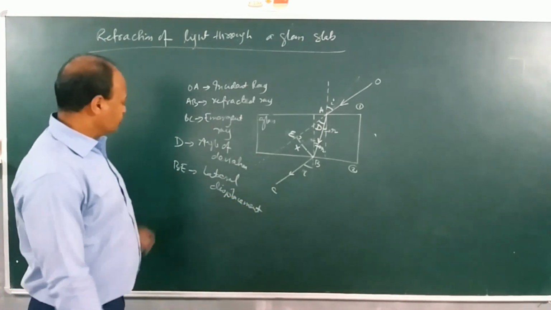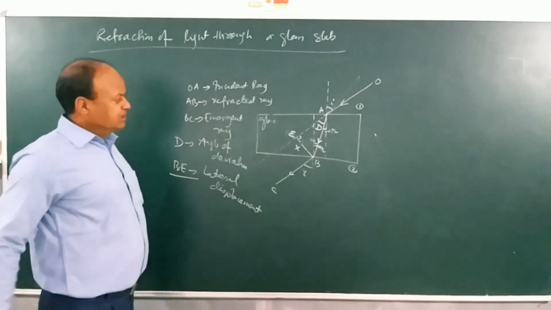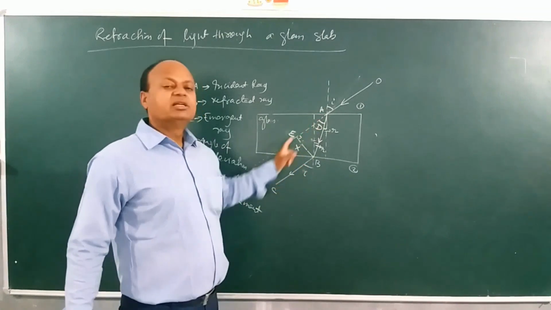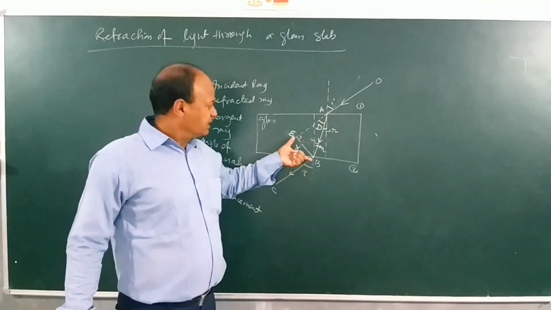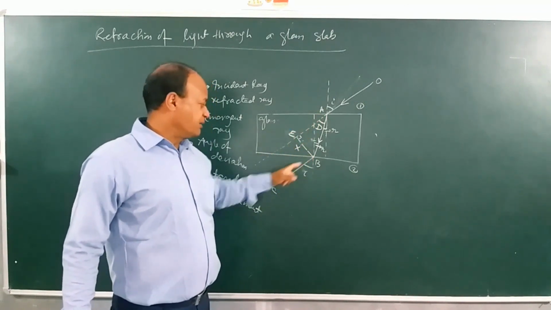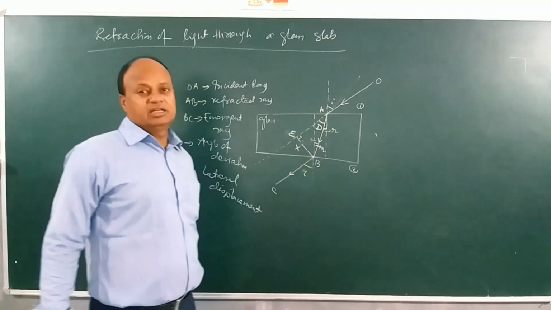So what is this new term for you? Lateral displacement. So lateral displacement is the perpendicular distance between what? Emergent ray and the incident ray. The shortest distance between the incident ray and the emergent ray is called lateral displacement.